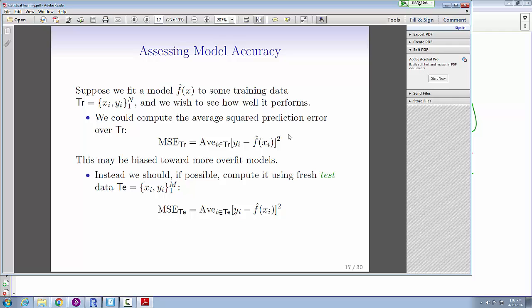But we already said we have to be careful about how we compute that. In particular, this slide is going to draw a distinction between two different mean squared errors. There is, first of all, the mean squared error that you would get if you applied your model, the one you fitted to your training data, back to the training data.